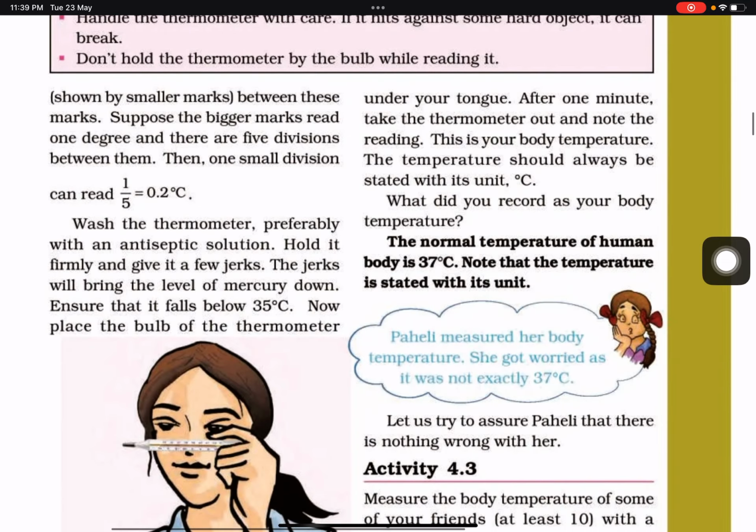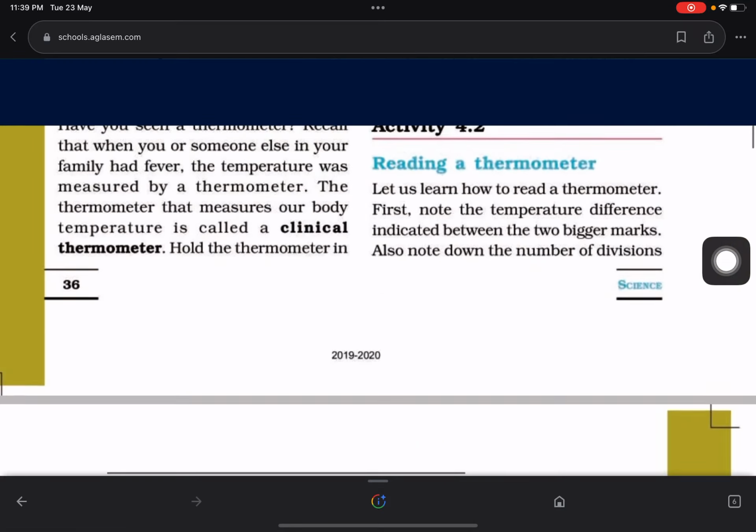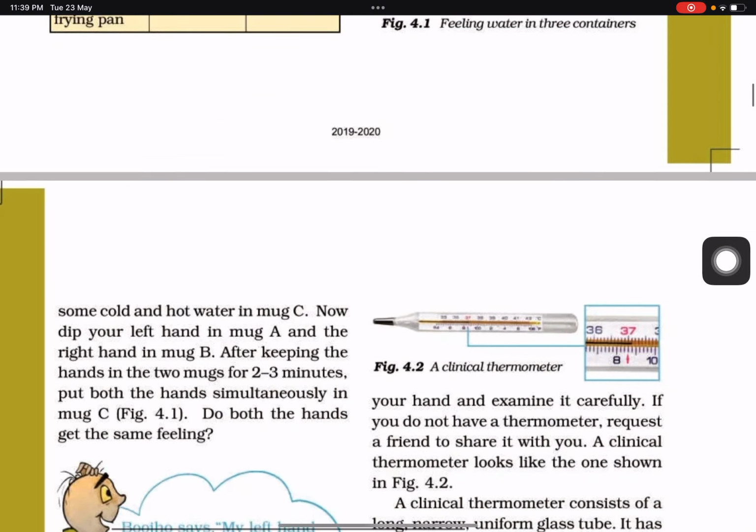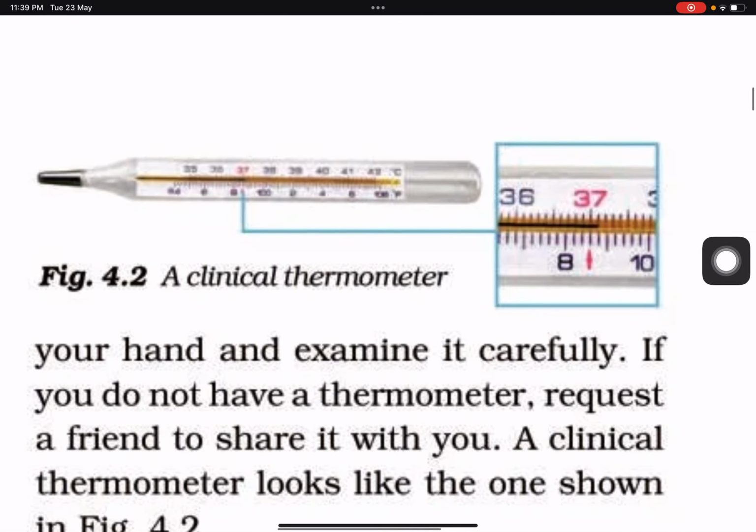Then if you go ahead, are you seeing these small lines? There is 37, then 1, 2, 3, 4, 5, 6, 7, 8, 9 and 10. It means there are 10 small markings between 37 and 38. What do they show?